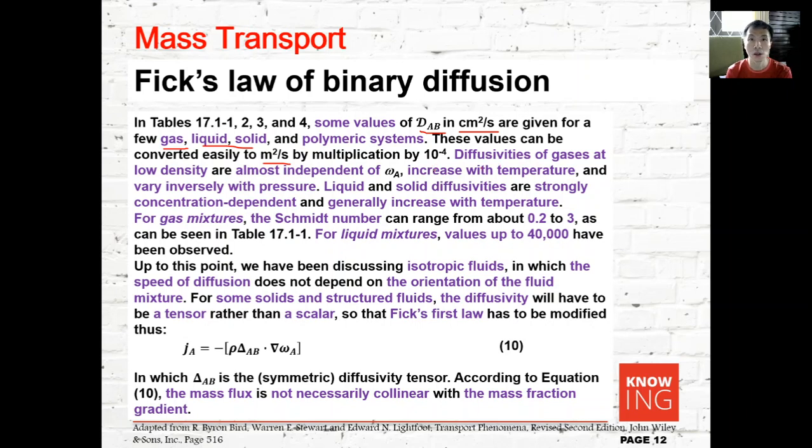Diffusivities of gases at low density are normally almost independent of the mass fraction of A, and they normally increase with temperature and vary inversely with pressure. Liquid and solid diffusivities, on the other hand, are strongly concentration dependent and generally increase with temperature.